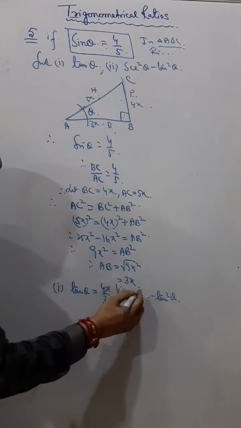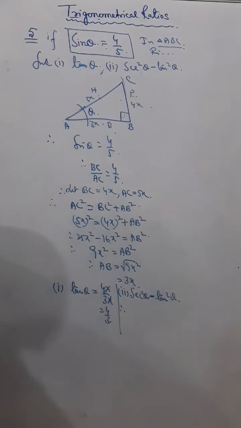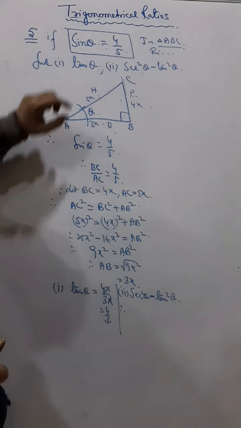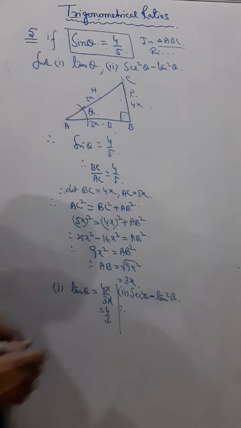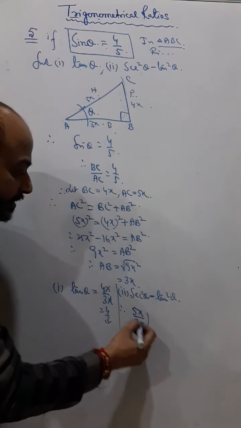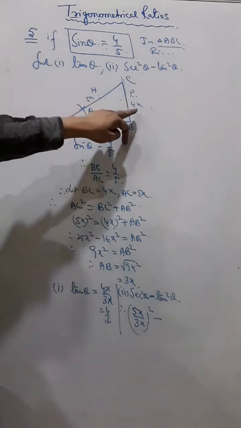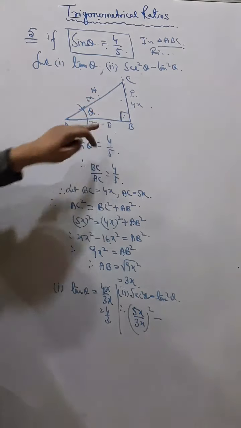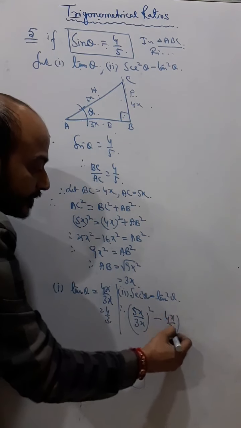You know sec square theta: sec is the reciprocal of cos. Cos is base by hypotenuse, so sec means hypotenuse by base. So what you get? 5x by 3x whole square, and tan square theta again perpendicular by base, 4x by 3x whole square.